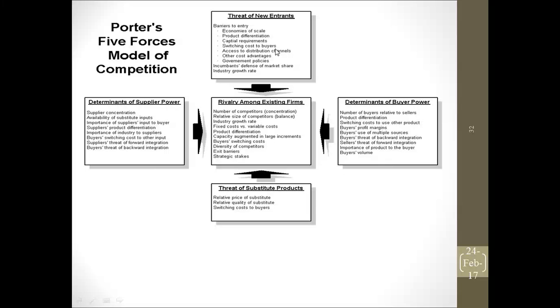In some industries, supplier power is very high. We need to look at whether only a few suppliers supply the food, or many suppliers supply the same thing, and we do research to measure whether supplier power is high, low, or medium.